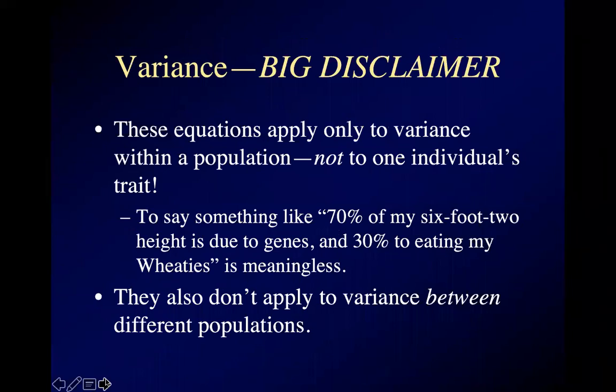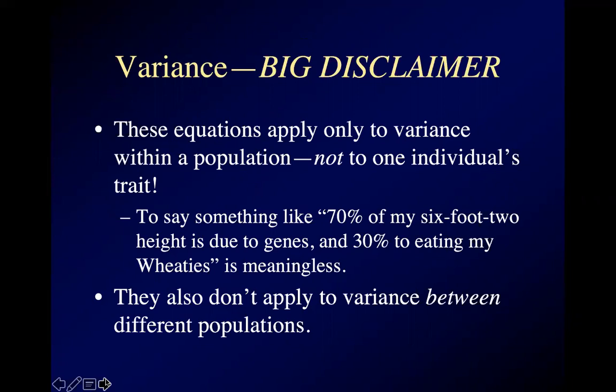Like I said, these equations only apply to variance measured over a population. It's not an individual trait, right? My height, if I don't slouch, I probably top out at about 74 inches, or at least I did in my younger years.